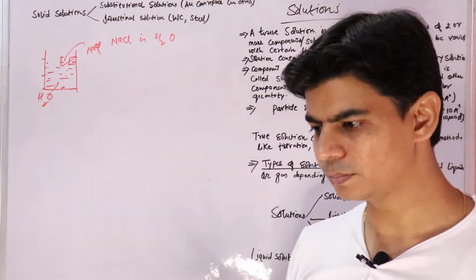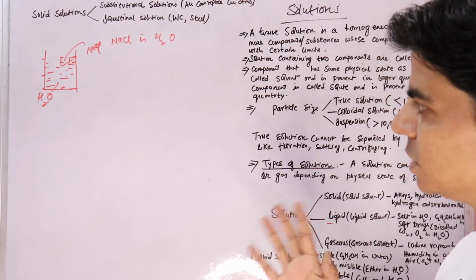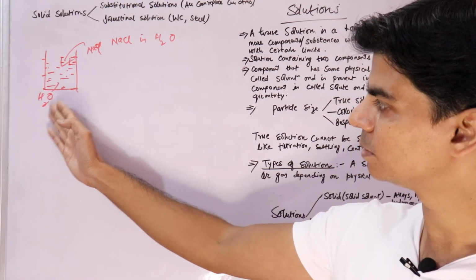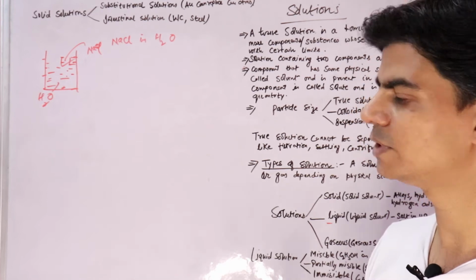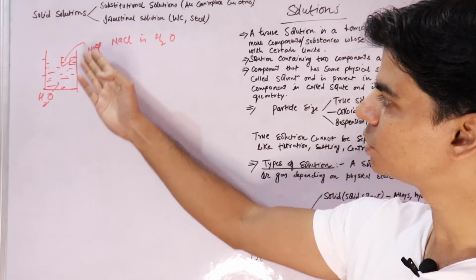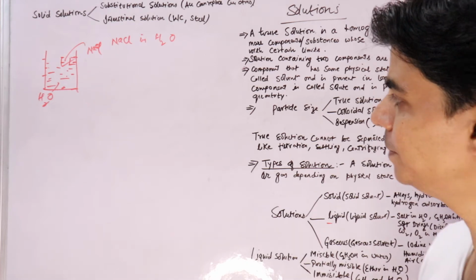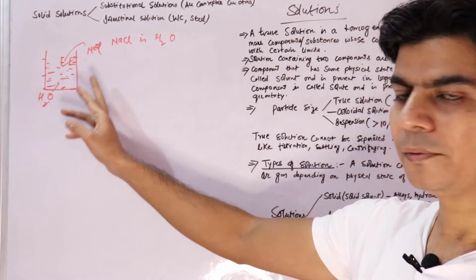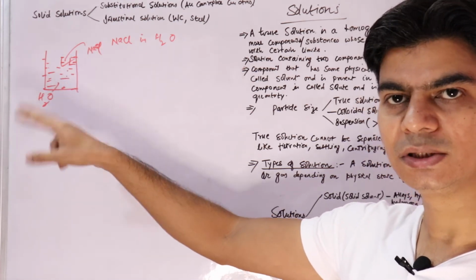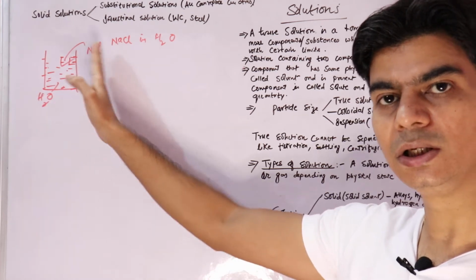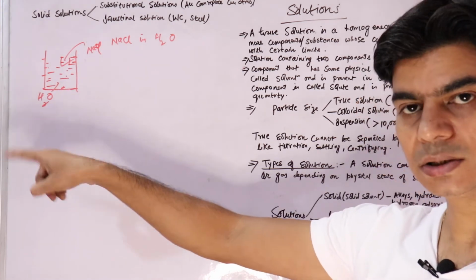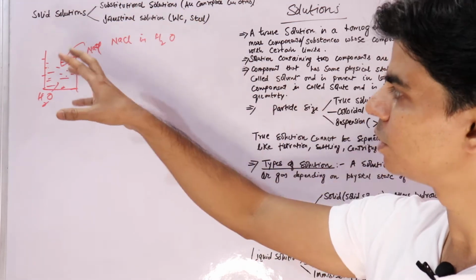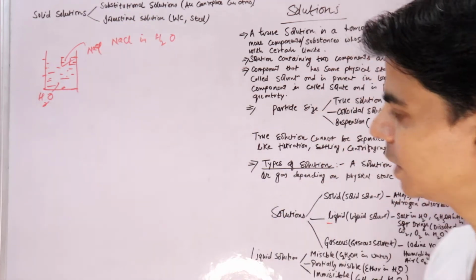So just remember the physical state of the solution, the physical state of the solvent, and what the solute is. Here the solution is a liquid solution, the solvent is a liquid and the solute is a solid. So this is a solution of a solid in a liquid.